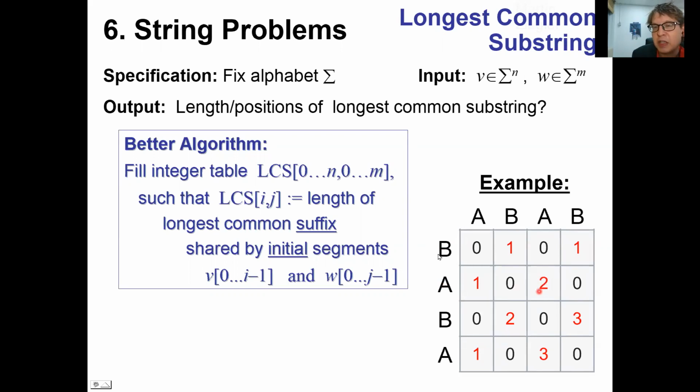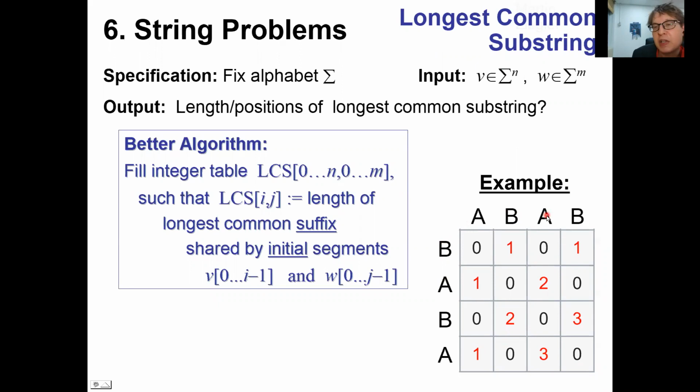Not the entire string, but only initial segments running up to the positions indicated by the array position. And then what is the longest common suffix of ABA and BA? Well, that's BA. BA occurs in both as suffixes.